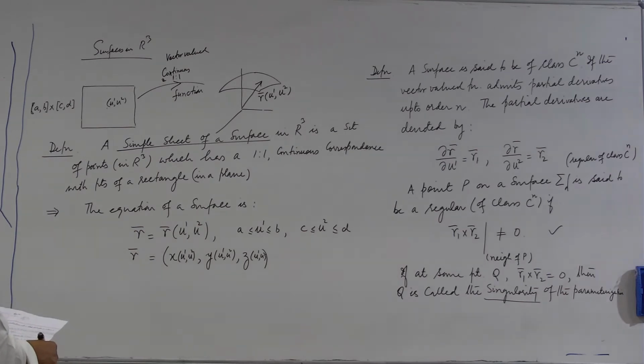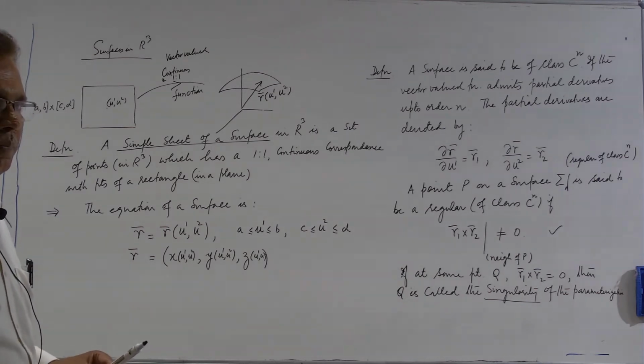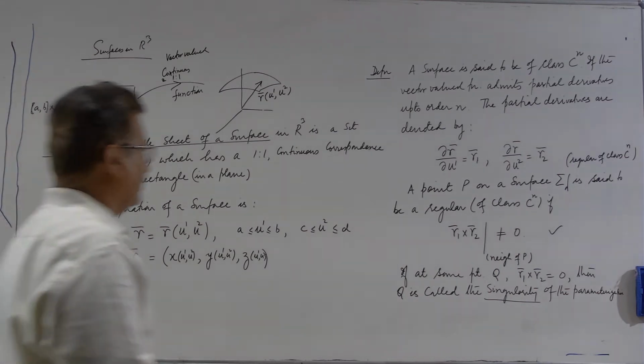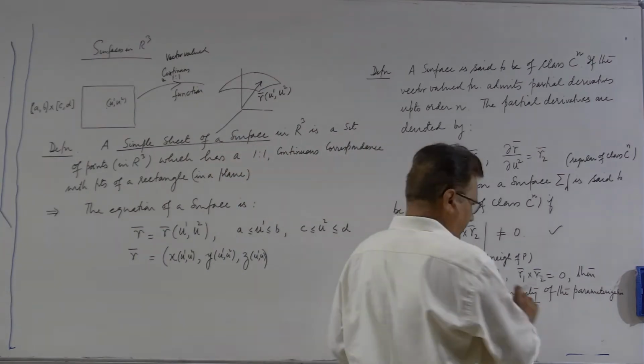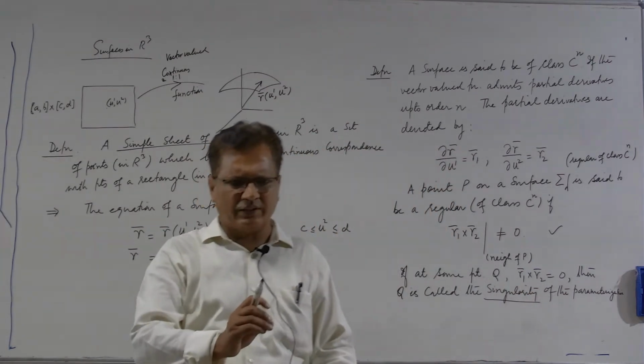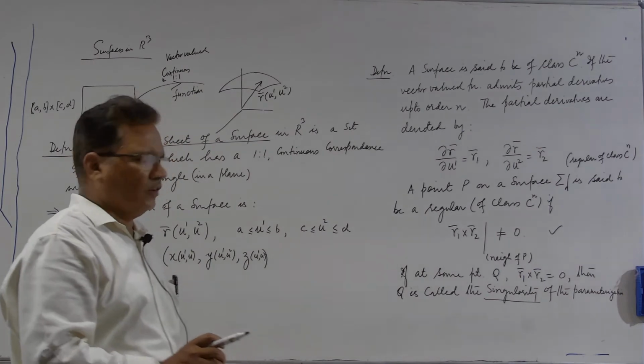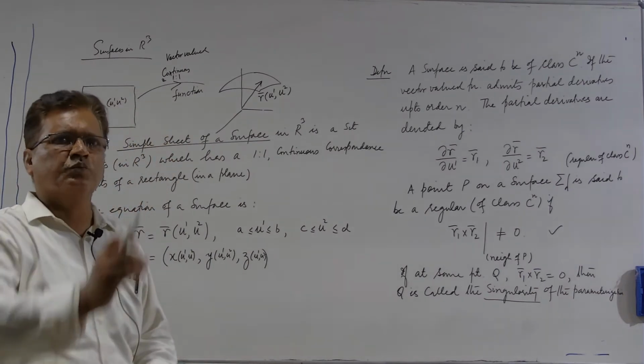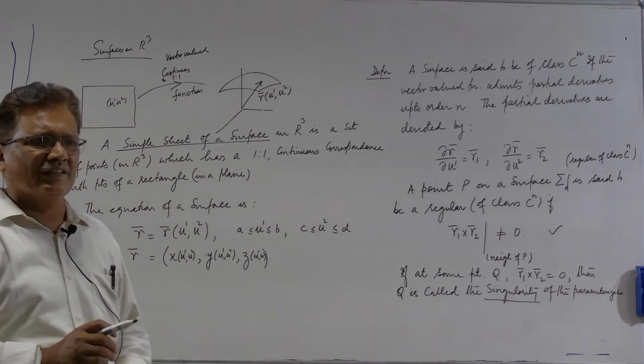Now, in Cartesian coordinates, how would you look at the singularity and regular points? This in fact is a topological condition. You will notice a little later that r1 cross r2 is a vector which is perpendicular to the surface.